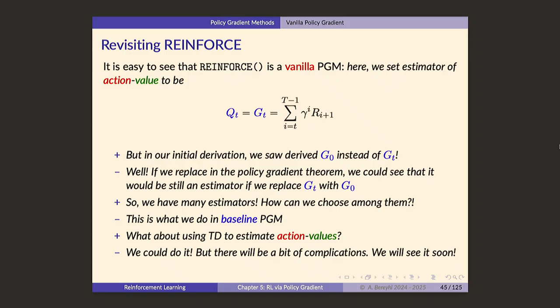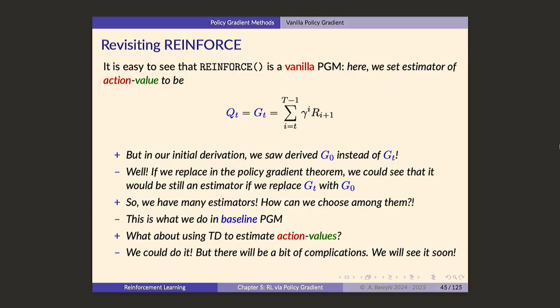So there was a bit of instability, and this was the reason that PGM was not very trendy or state of the art for some long time. Especially when it was simply about linear models and tabular reinforcement learning, people were only working with the values because that was stable. PGM was not necessarily stable.